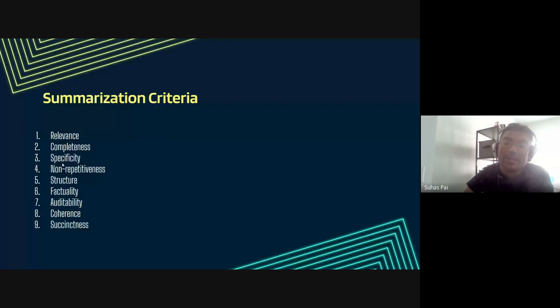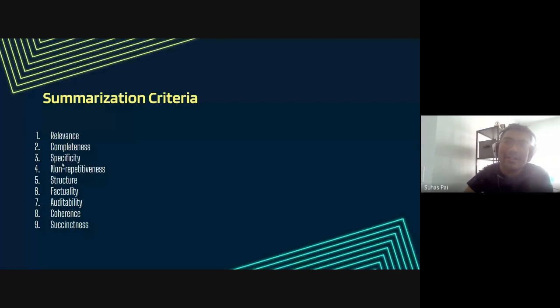And then there is coherence, which is, if you are writing a summary, it shouldn't read like it's just a bunch of sentences put after one another. It needs to have a narrative that you can start off with and continue. And then finally, succinctness, which is again the core summarization purpose.